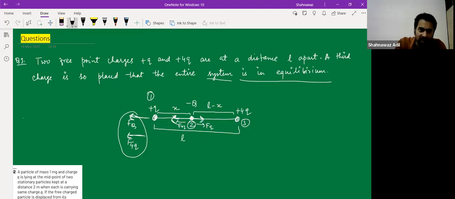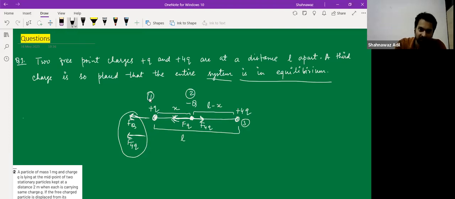Let me erase this part. So this would be due to 4Q, and this would be due to Q. So this is looking like it is at equilibrium. So this second point is at equilibrium, right?